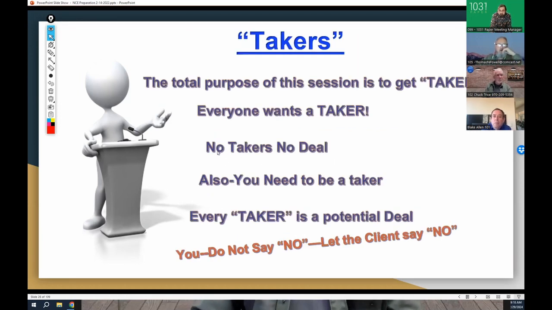The total purpose of this session is to get takers. If you don't have a taker, you don't have a deal. If you come from regular brokerage, you don't have a buyer, you don't have a deal. And we use takers, and takers have numbers. Numbers have two parts: a meeting number, that's who you are, and a package number. The reason that's so important is that Blake's got 10 packages in the book.